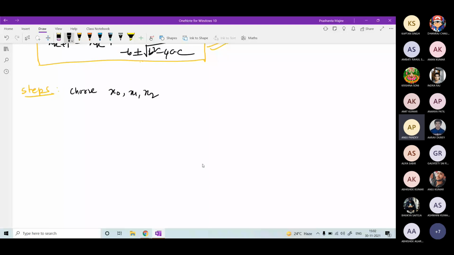Let the parabola be y equals a into (x minus xk) whole square plus b into (x minus xk) plus c. Then you solve for a, b and c.